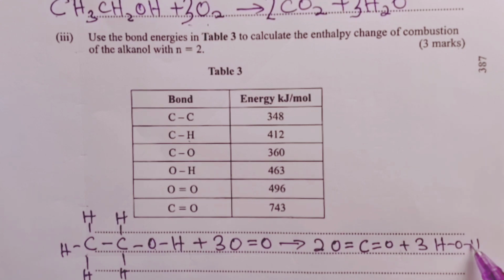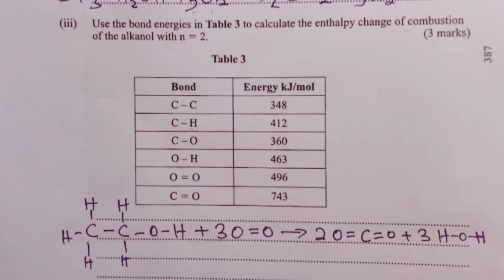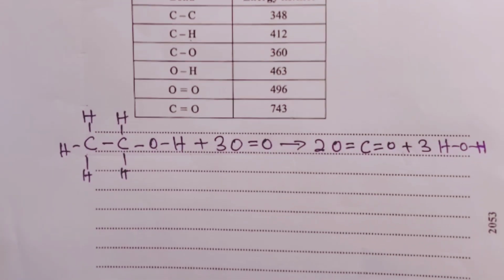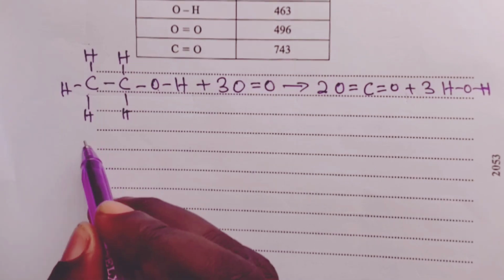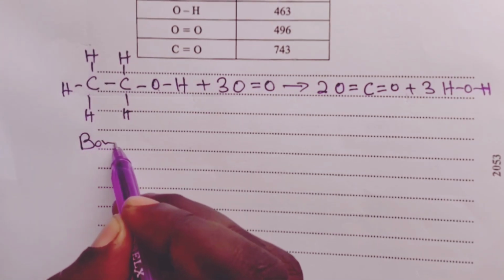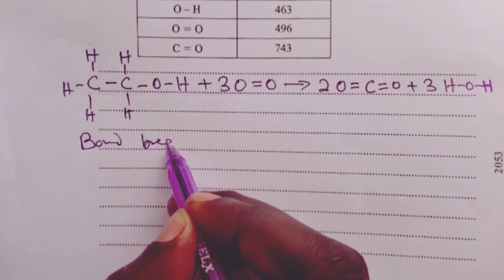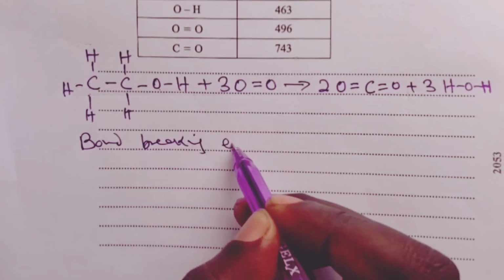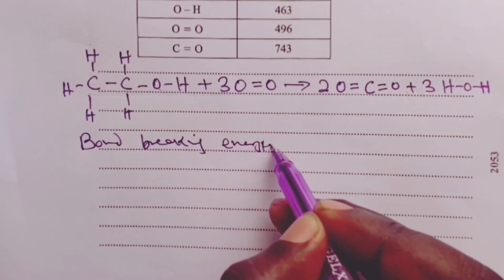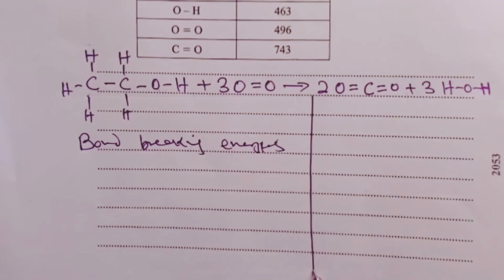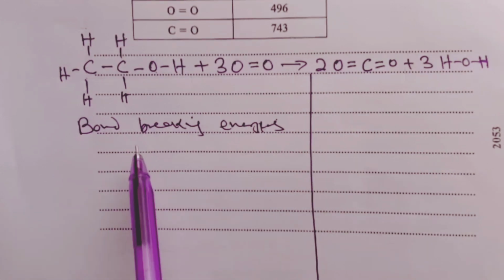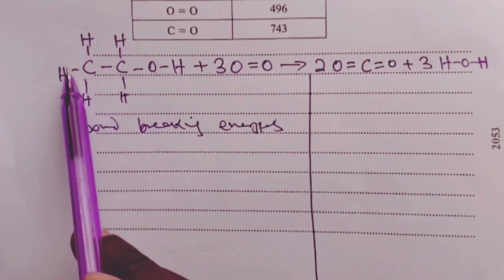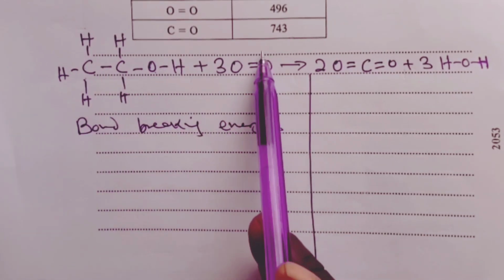So when you open them up like this, we are able to see all the bonds that should be broken and those that should be formed. So let's begin with bond breaking energies. For this reaction to take place, we need to break all these bonds in ethanol and all these bonds in oxygen.